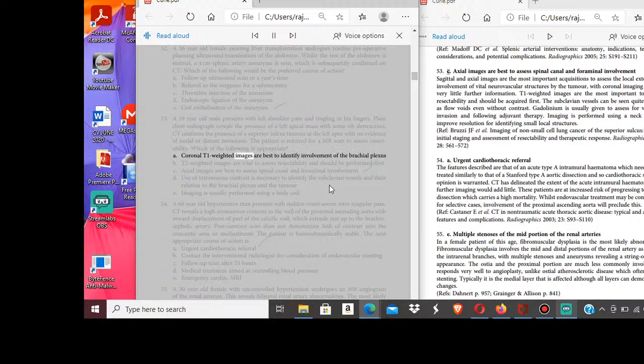A. Coronal T1-weighted images are best to identify involvement of the brachial plexus. B. T2-weighted images are vital to assess resectability and should be performed first. C. Axial images are best to assess spinal canal and foraminal involvement. D. Use of intravenous contrast is necessary to identify the subclavian vessels in their relation to the brachial plexus and the tumor.